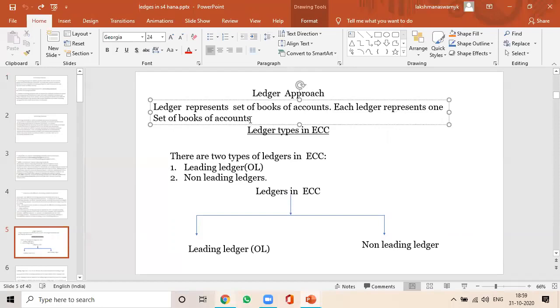That is called one set of books of accounts or ledger. You maintain a separate set of books of accounts according to US GAAP. That is called one ledger, nothing else, very simple. So in ECC, we have two types of ledgers, leading ledger and non-leading ledgers. These two things you know, right? You have configured them already.